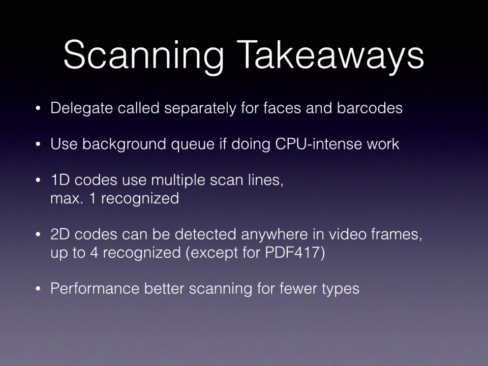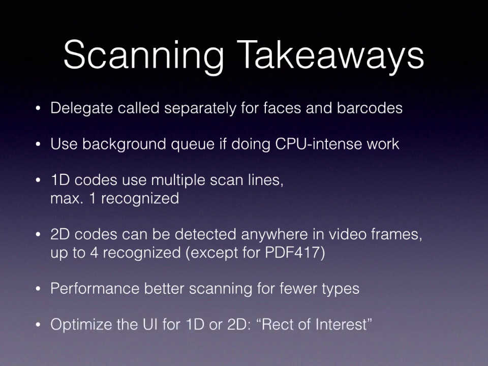So you shouldn't make the mistake of scanning for everything, but rather, and that's my last point, you should optimize the UI for the use case. Like if you have an app that's scanning product barcodes, then it doesn't make sense to use the entire preview as an active scan area, but rather you would probably restrict it to a certain rectangle of interest where you might even display a horizontal red line to tell the user this is where you want to scan the 1D barcode.